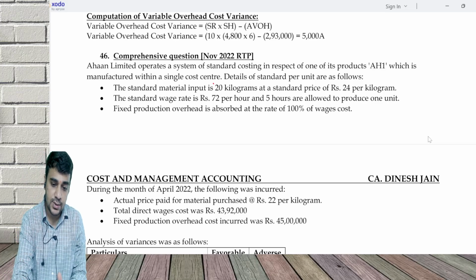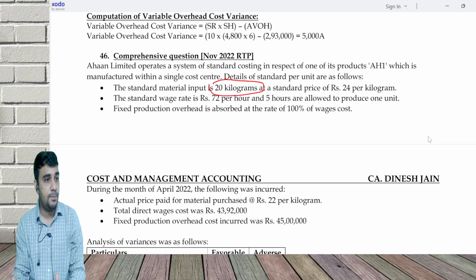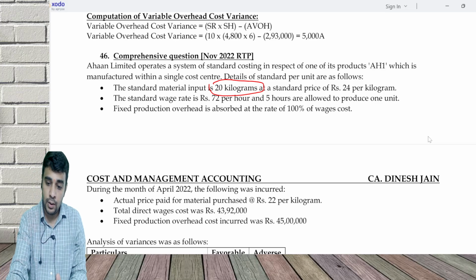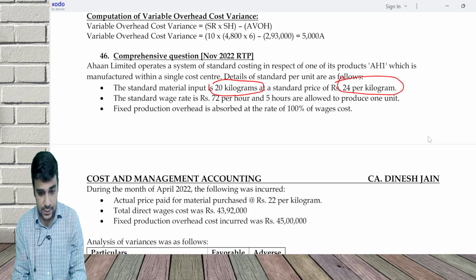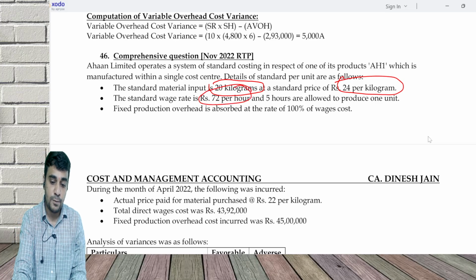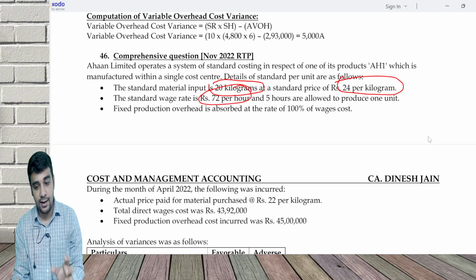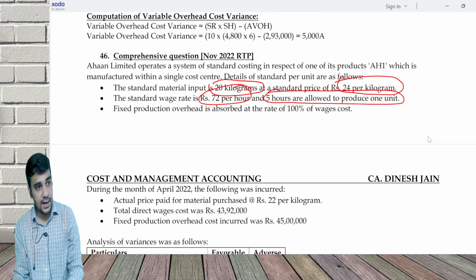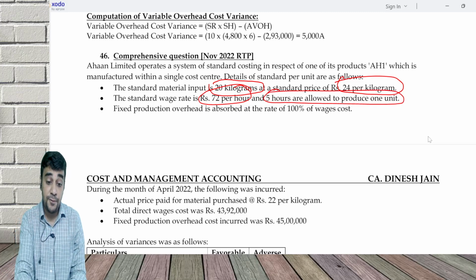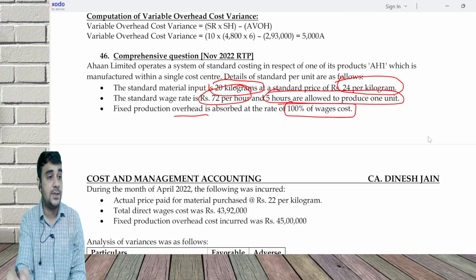Here what they are saying is 20 to 1 is the input output ratio, 24 is the SP for material variances, 72 per hour is the SR, and 5 hours equal to 1 unit is the standard equation. Fixed production overhead is 100% of wages cost.